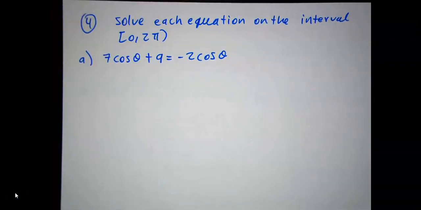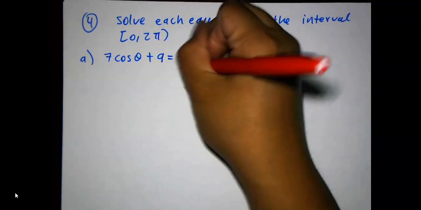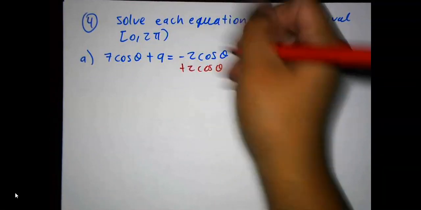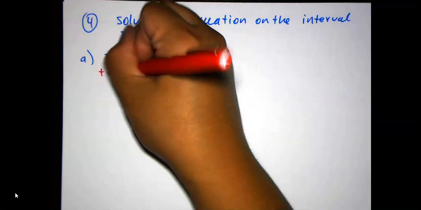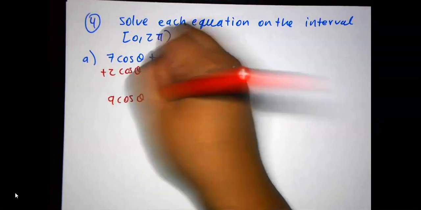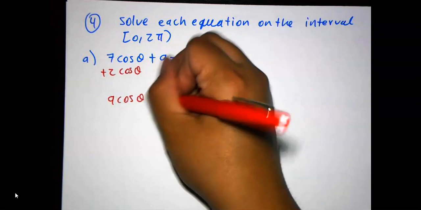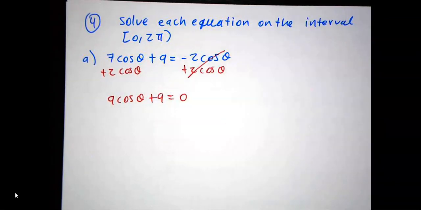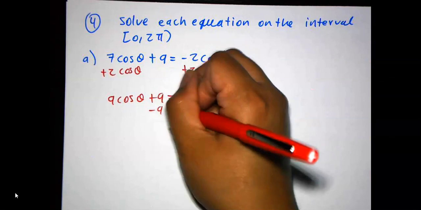Number 4 says solve each equation on the interval given. So we're just looking at the unit circle. We don't have to add an n or anything like that. So what I'm going to do, I'm going to add the 2 cosine on both sides. 7 cosine plus 2 cosine will give me 9 cosine of theta. This side will cancel, giving me a 0. Then I'm going to subtract the 9.